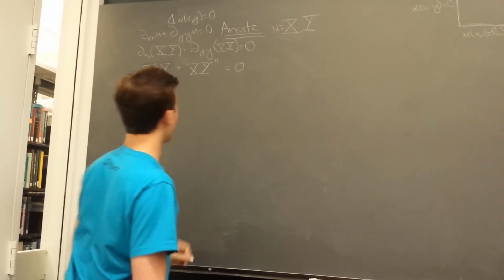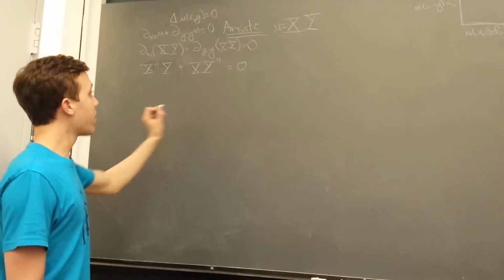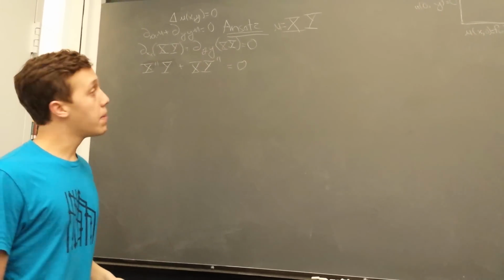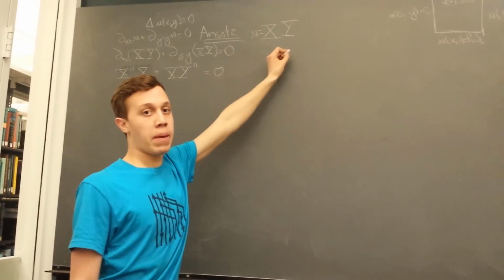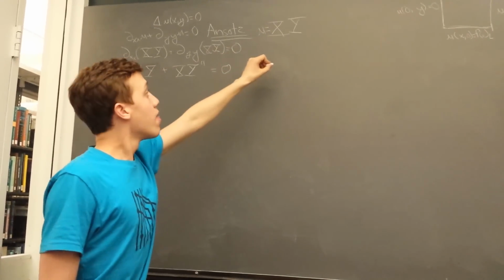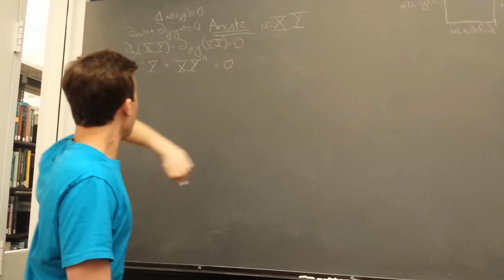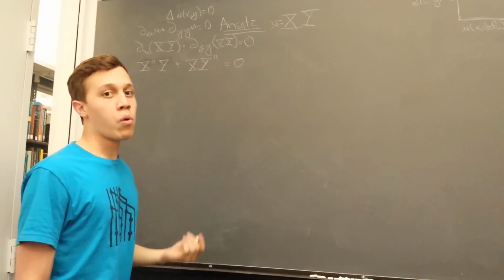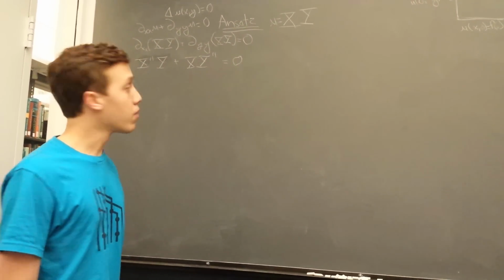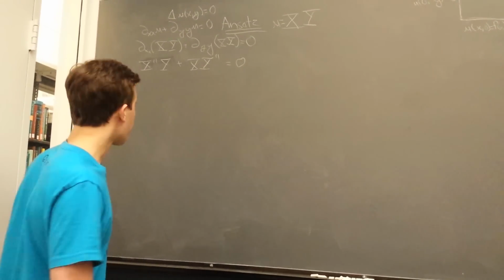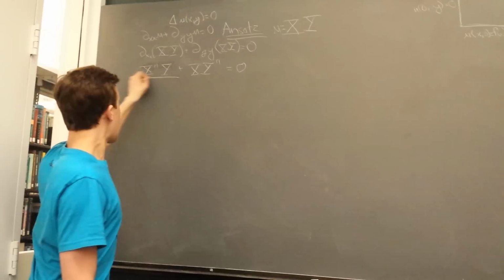So the next step we're going to do here is divide both sides by big X times big Y. We can do that because we set u equal to big X times big Y. If either of these were equal to 0, that would mean that u is equal to 0, and then we're just solving the trivial equation of 0 equals 0. But we're looking for non-trivial solutions right now. So it's safe to say that we can divide by big X and big Y because they're not equal to 0. So let's do that.